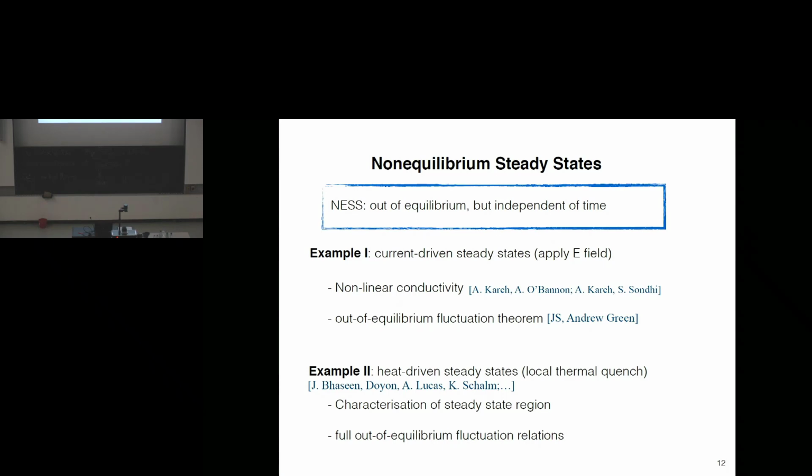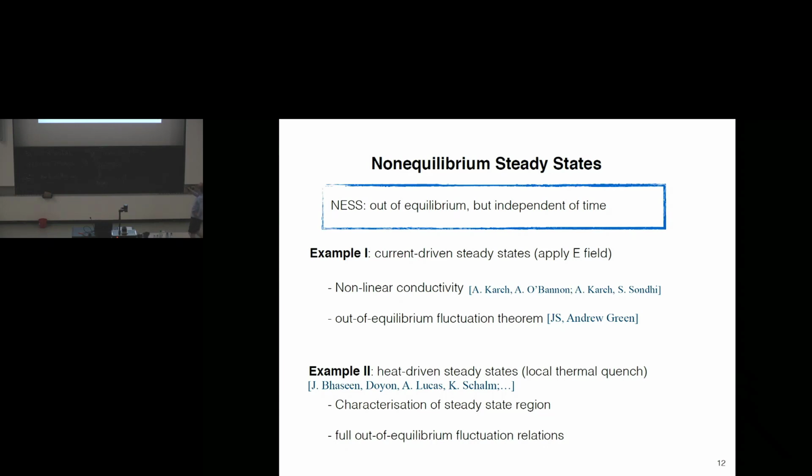You can study that very elegantly and analytically, which also allows you to find some fluctuation theorems, so go beyond, so the transport actually has higher moments and fluctuations, which is something that I studied a few years ago with Andrew Green. And actually a similar pattern emerges.